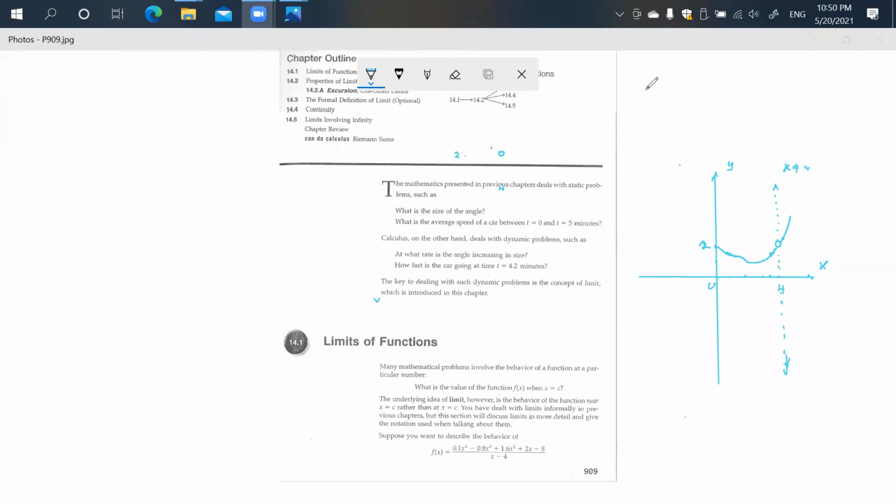Maybe I write down here f of x equals 0.1 x power 4 minus 0.8 x power 3 plus 1.6 x power 2 plus 2x minus h over x minus 4. So we'll come back to this one.